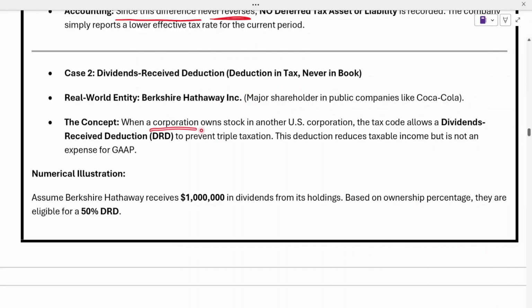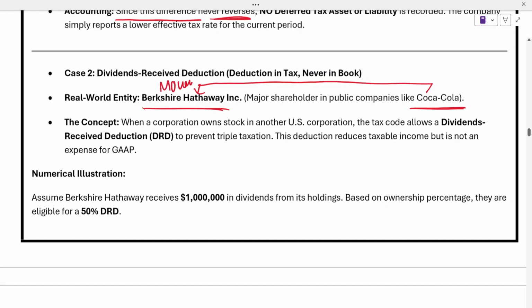Now, when a corporation owns stock in another US corporation, the tax code, or income tax law, or IRS in the US allows a dividends received deduction to prevent triple taxation. Basically, what happens? Berkshire Hathaway has invested money into Coca-Cola. Now, Coca-Cola distributes dividends to Berkshire Hathaway. So, Berkshire Hathaway gets money.